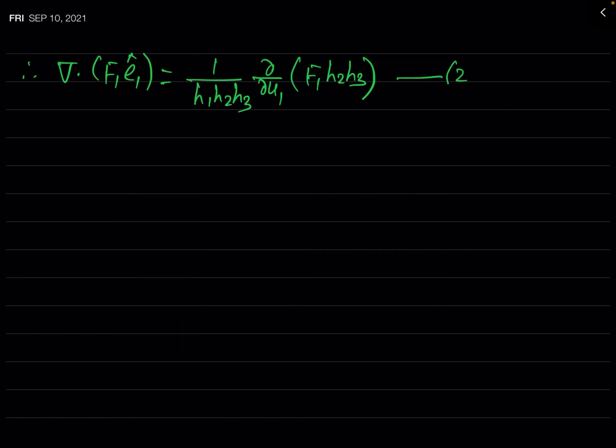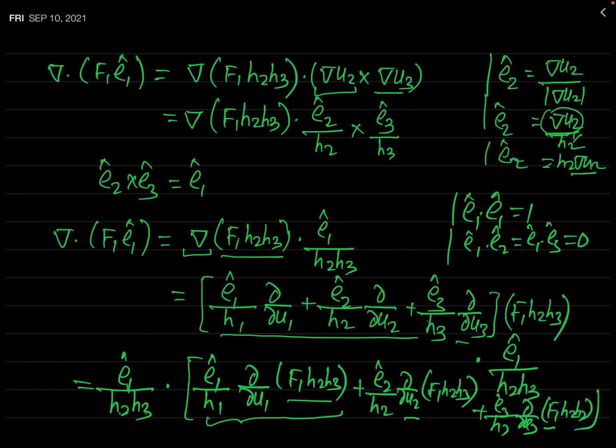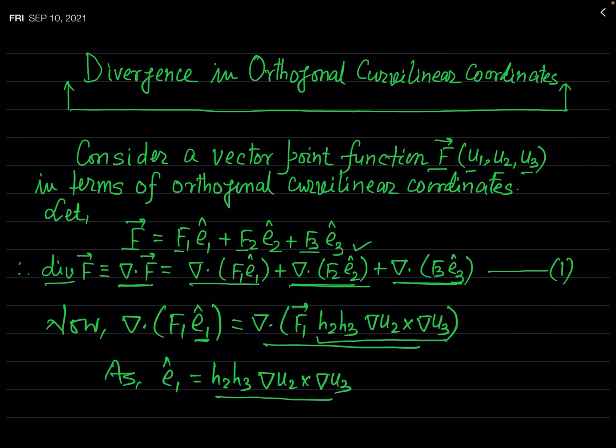So you can see we have evaluated the value of del dot F1 E1 hat, but in equation 1 the other two terms are del dot F2 E2 hat and del dot F3 E3 hat.